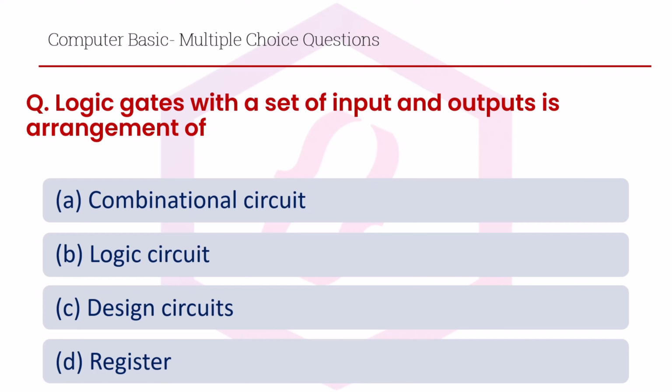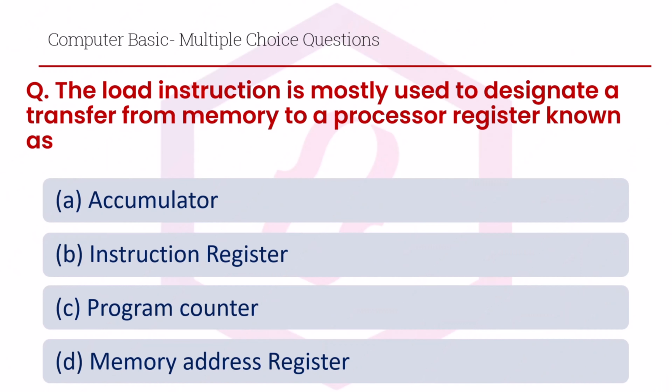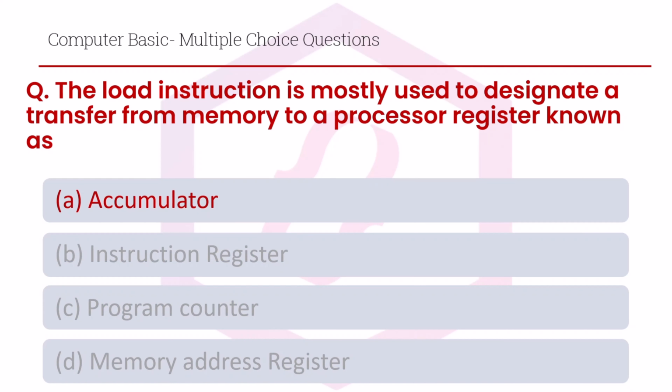The correct answer is option A, combinational circuit. The load instruction is mostly used to designate a transfer from memory to a processor register known as accumulator, instruction register, program counter, memory address register. And the correct answer is option A, accumulator.